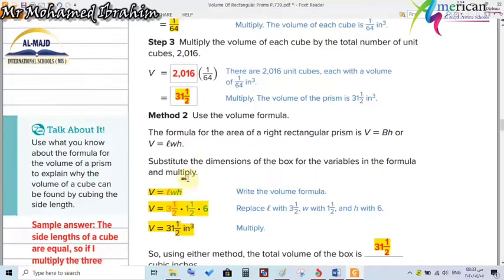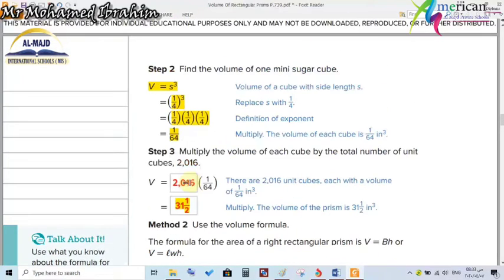What about the volume of the sugar cube? Each sugar cube side equals 1/4 of an inch. So the volume equals 1/4 times 1/4 times 1/4.